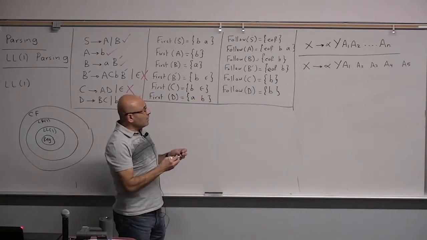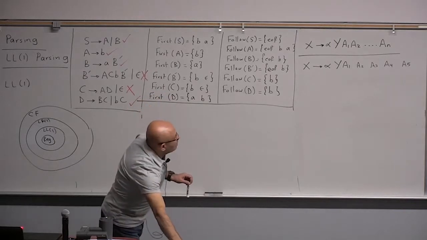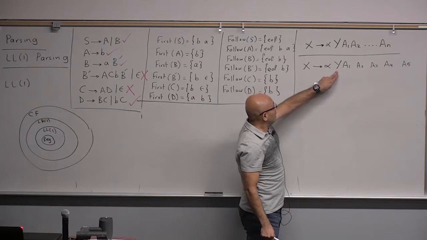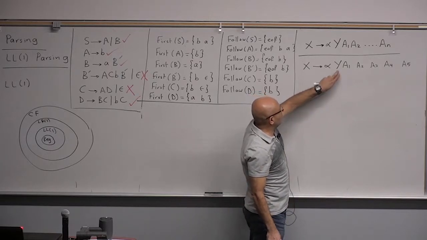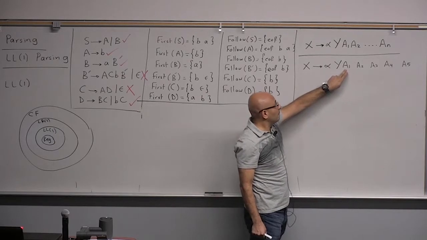Now, the procedure that I described last time: when we want to compute the follow set of Y, we look at A1 and ask the question, does it have an epsilon?